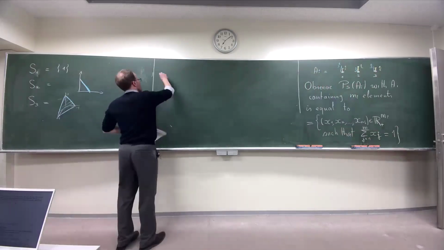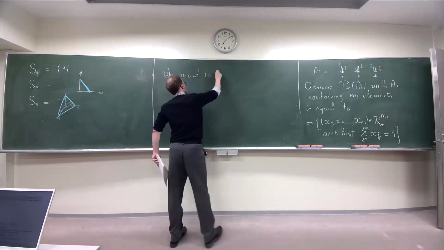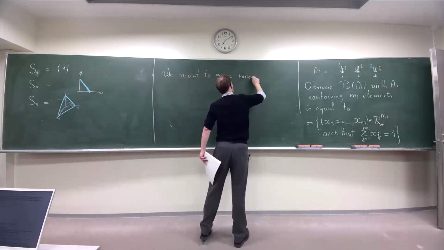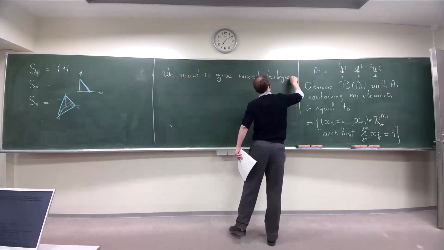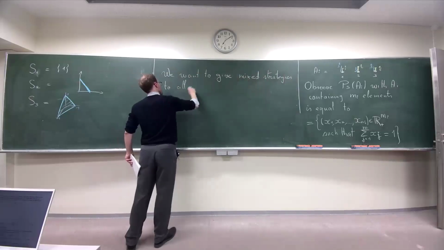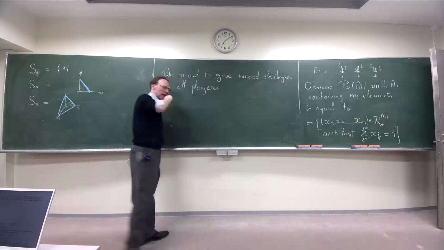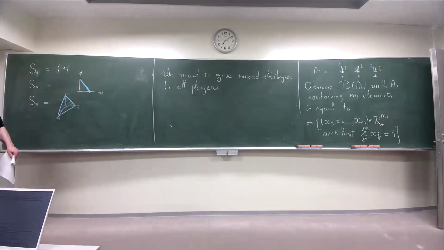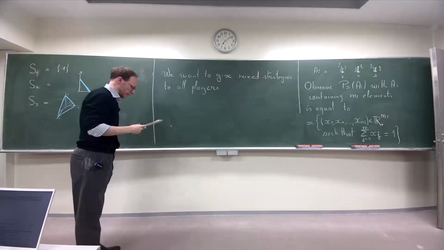So now we want to give, this is called mixed strategies, because it's a mixture, to all players. Instead of just having a finite set of strategies, each of them can now make a combination like this of the different strategies.